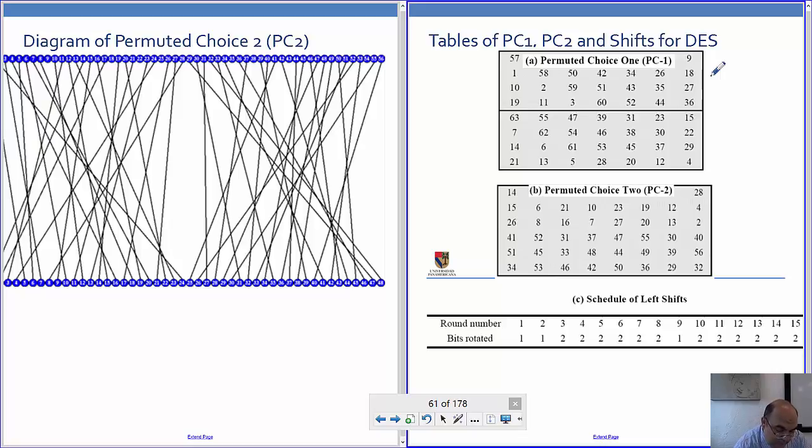Here we have 1, 2, 3, 4, 5, 6, 8 rows, and they are permuted. The permuted choice 2 will be this.